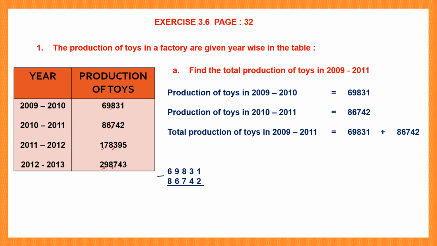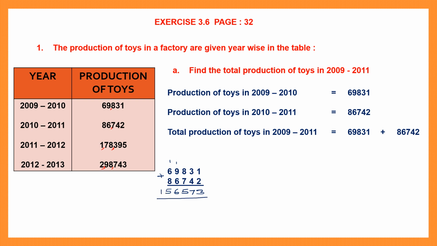Now let's add up these two. So 1 plus 2 is 3, 3 plus 4 is 7, 8 plus 7 is 15 and we carry 1, 9 plus 1 is 10, 10 plus 6 is 16, carry 1, 1 plus 6 is 7 and 7 plus 8 is 15.